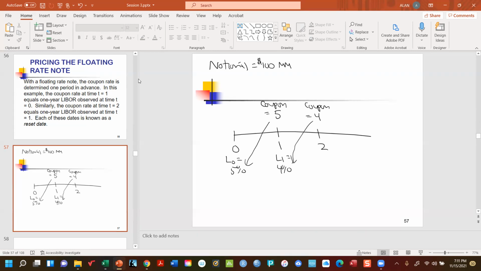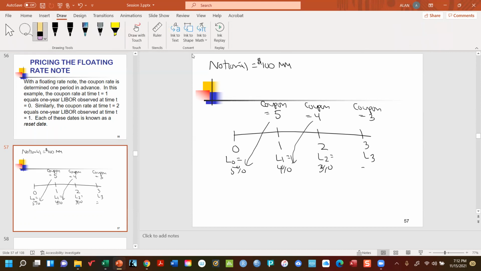Okay, and then of course, I guess we'll do another example. L2 is, let's say, 3%. So now keep in mind the notional is always $100 million.